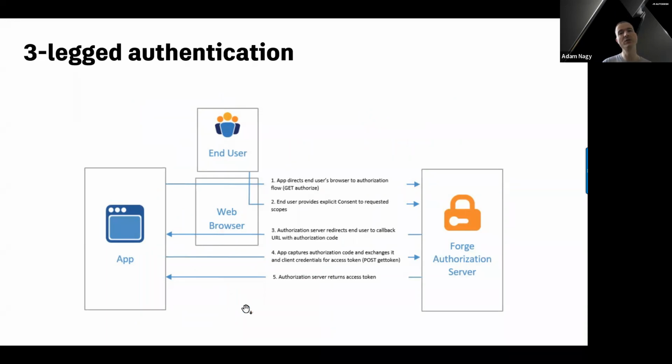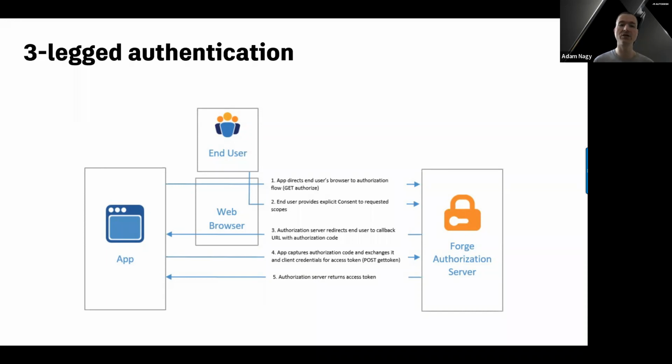And therefore, it was really simple. Two legs being your application, which is requesting an access token, and the Forge services being the second leg, which provides the access token. And there you only had to provide the client ID and client secret, send the request to our server, and you got back straight away an access token that you could start using straight away.